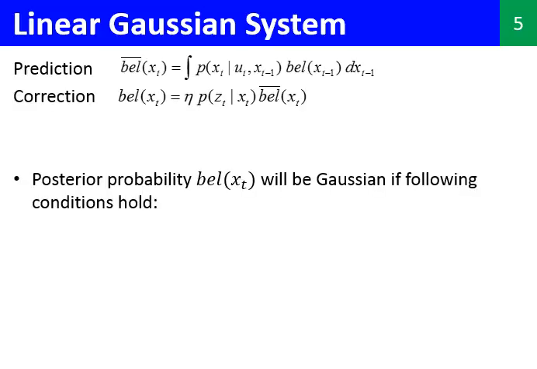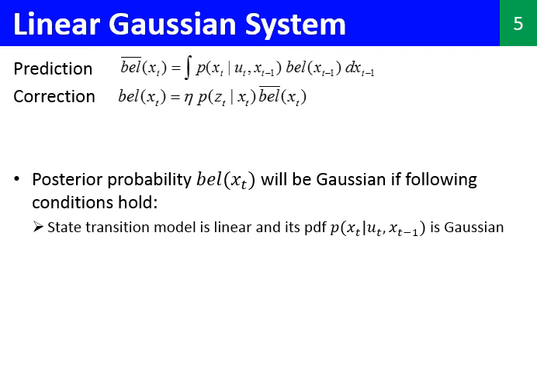In a nutshell, we need a linear Gaussian system to apply the Kalman filter. The posterior probability distribution, bel xt, will be Gaussian when three conditions hold. First, the state transition model that corresponds to the prediction stage should be linear and its probability density function should be Gaussian.